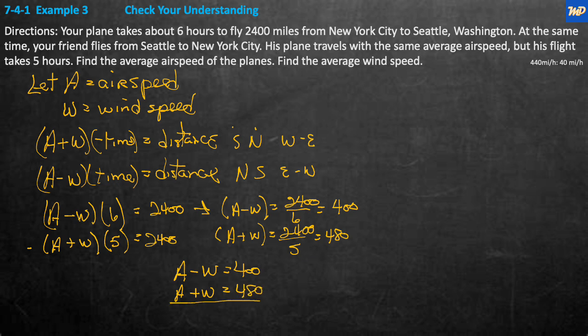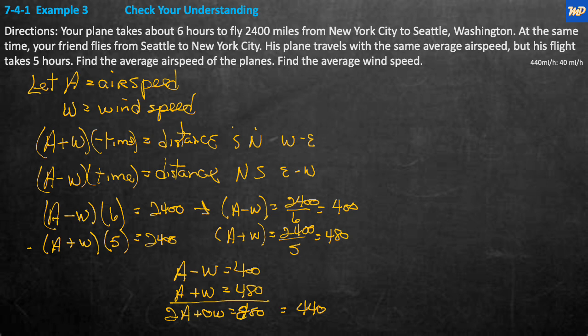And we can add these, because these are negative and positive. So we're going to get 2A plus 0W is equal to 880. Oops, I wrote 480. 880. Okay? And if we divide by 2, we're going to get 440. A is equal to 440.